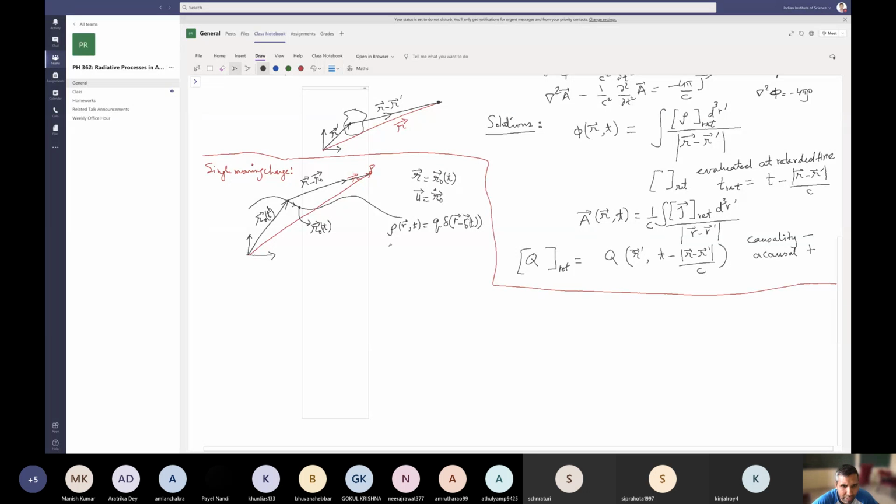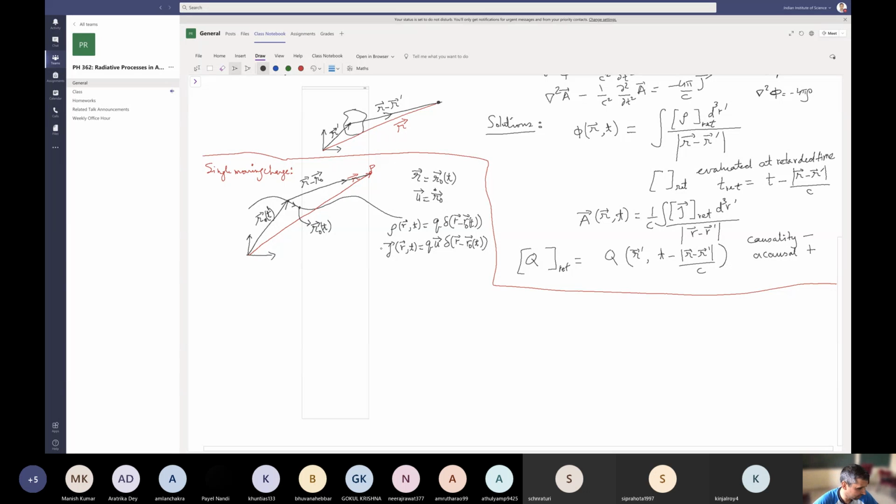And the current density is Q u, where u is r naught dot, times delta of r minus r naught of t. You have to be careful with the dimensions. This is charge per unit area per unit time, because the delta function is like 1 over volume, so charge times length per unit time over volume. So it has the correct dimensions.